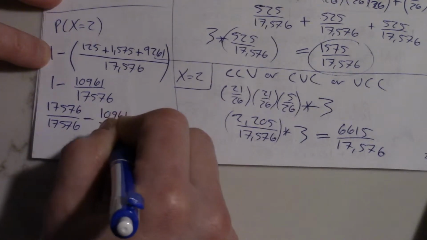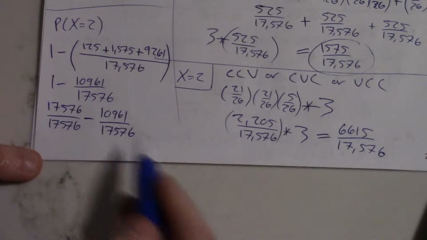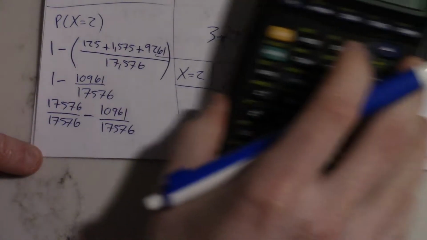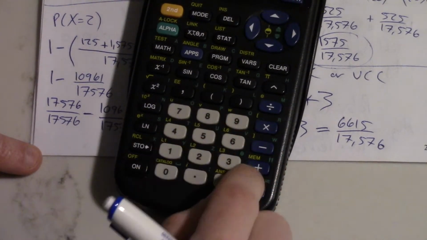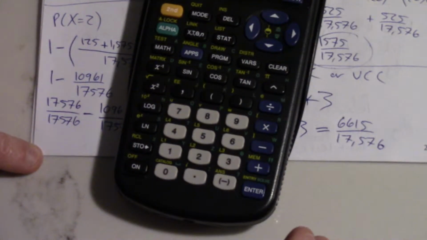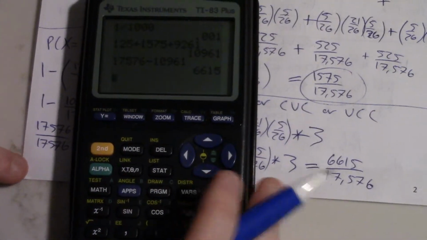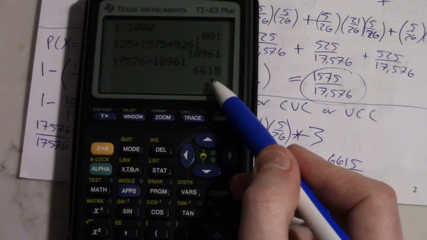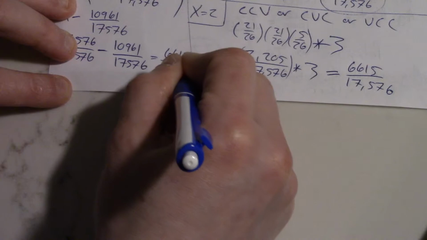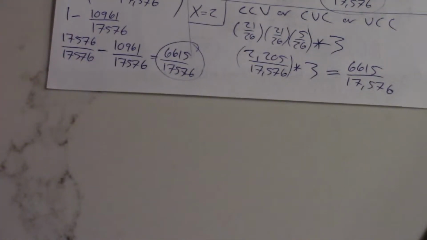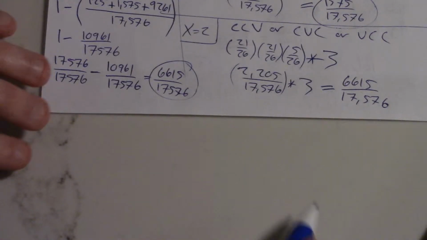So now they have the same denominator. So all we have to worry about is the numerator. 17,576 minus 10,961. And we get, oops, sorry, can't see it. We get the same answer, 6,615 out of 17,576. So the complement rule still works.